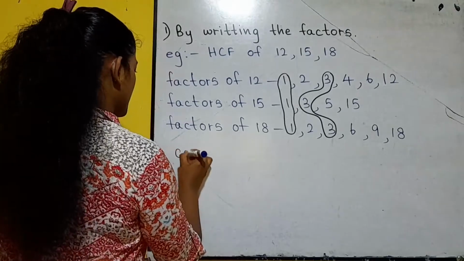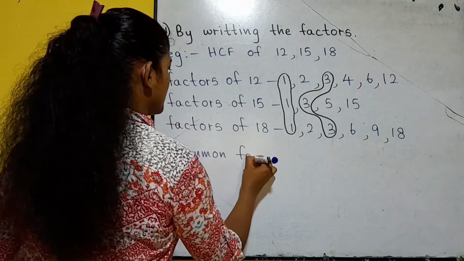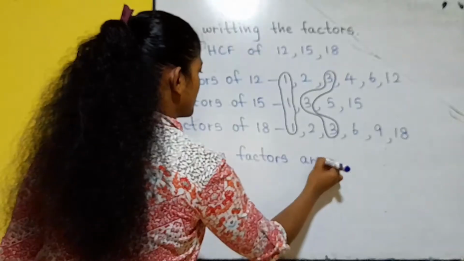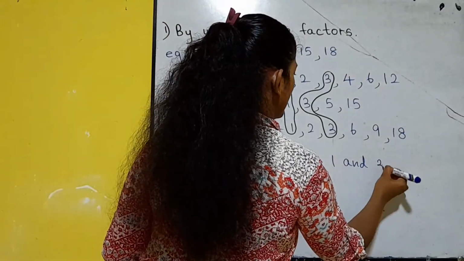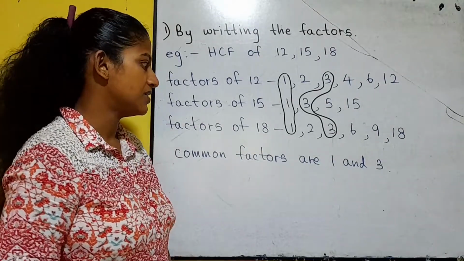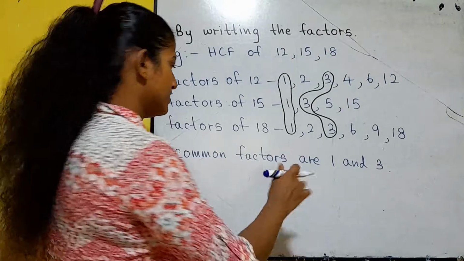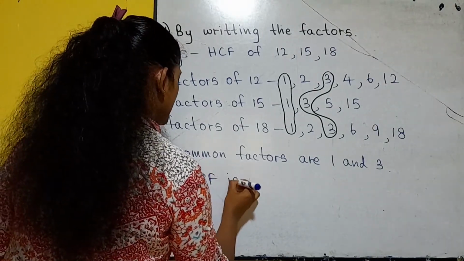So the common factors are 1 and 3. Then out of these common factors, the highest number is 3. So we can take HCF is equal to 3. HCF is 3.